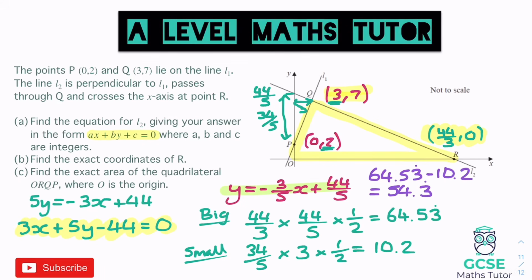If we turn that into a fraction, which our calculator does, we get the answer 163 over 3, and again that would be units squared, but there's our final answer, 163 over 3.